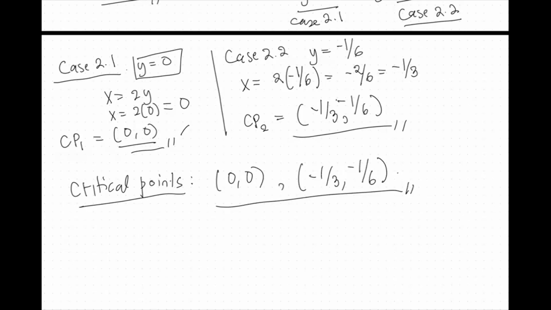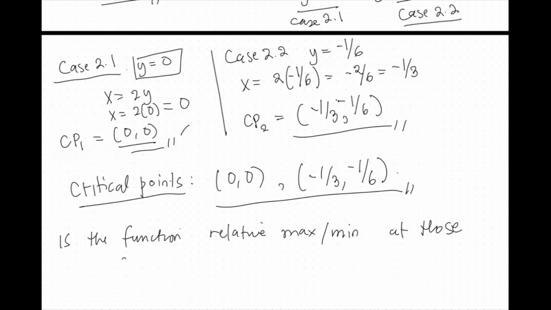The next thing that we do in Math 27, if we get critical points, is to ask what the values are at these critical points, whether the function has a relative max or minimum at those critical points.